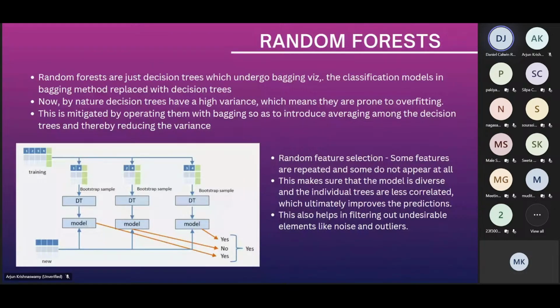And in that act, there is a high chance that noise and any random fluctuation will be introduced into our data set. That basically leads to high variance, and that makes the decision tree prone to overfitting. So now we are going to mitigate this issue by implementing a bagging algorithm.